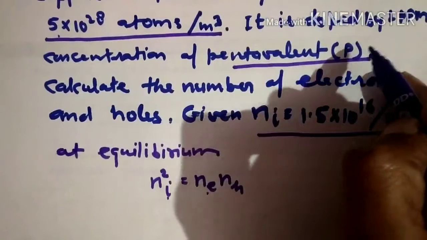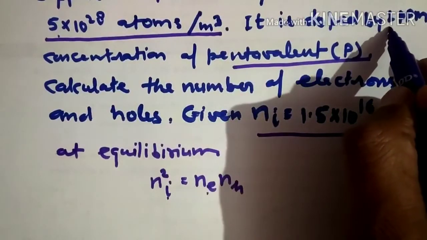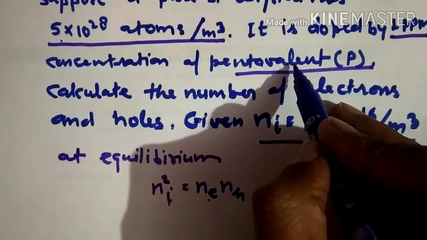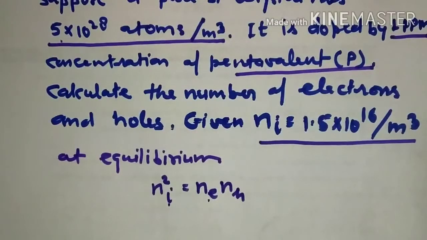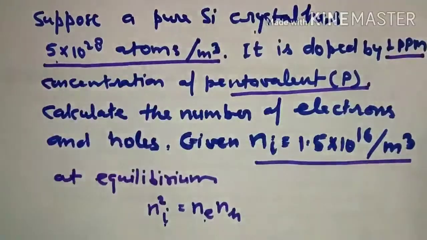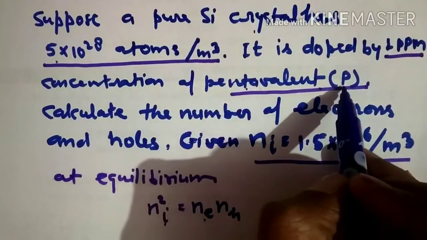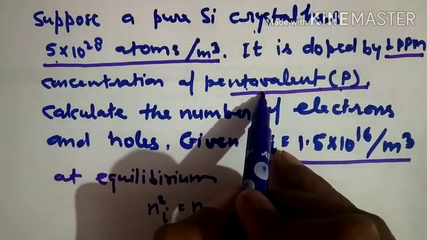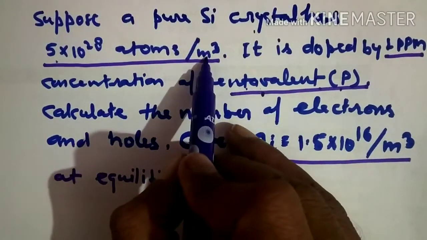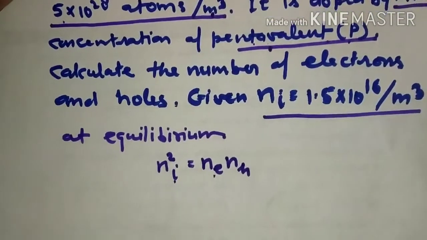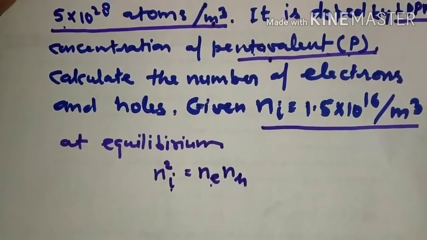So now let's calculate, if the concentration is 1 ppm of pentavalent impurity, how many atoms are there in this silicon crystal? Let us calculate how many atoms of pentavalent, that is phosphorus, are present in 1 meter cube of the crystal. We can calculate with the unitary method.